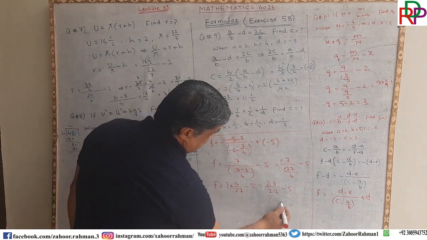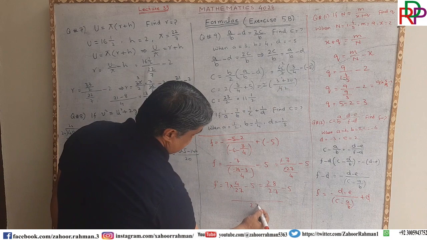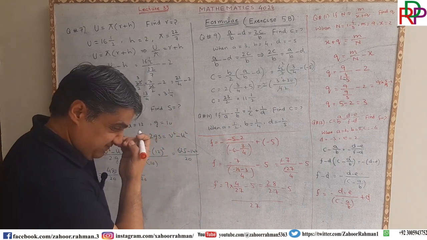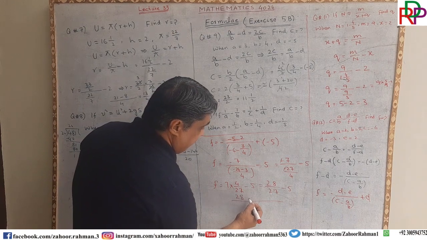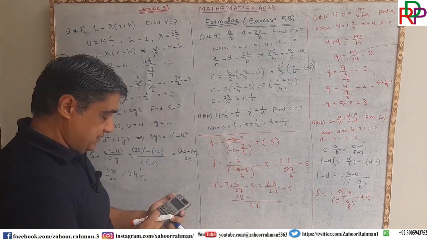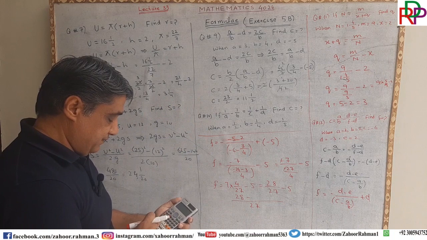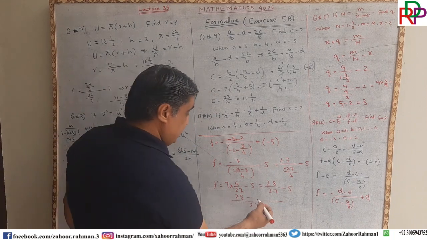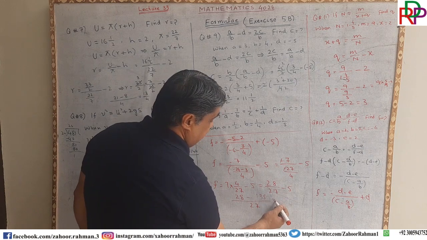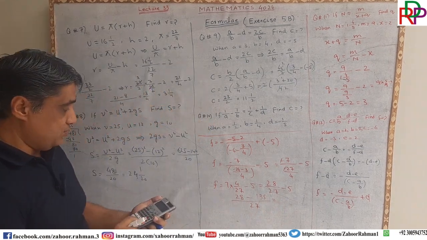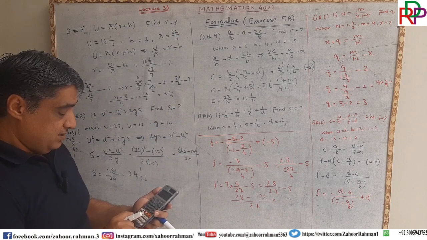I am taking 27 as the LCM, 28 minus, when we multiply 27 by 5 we get 135. So it means that we will get 28 minus 135.